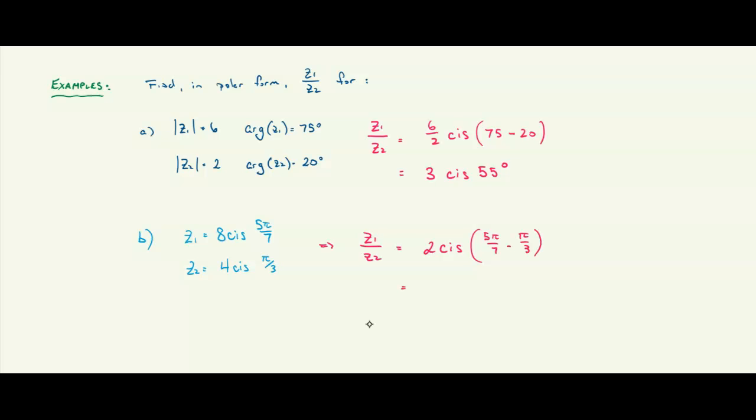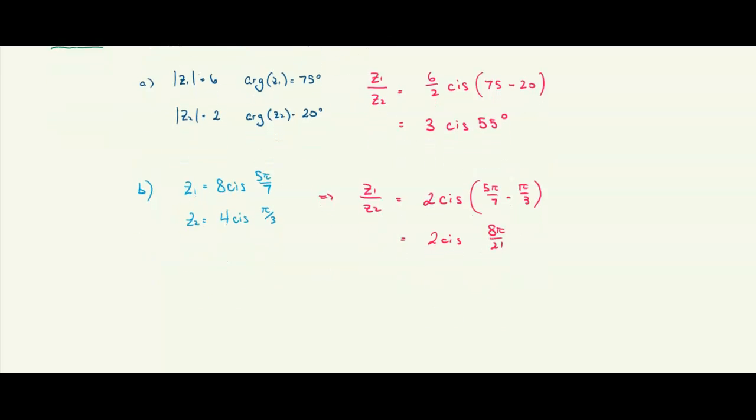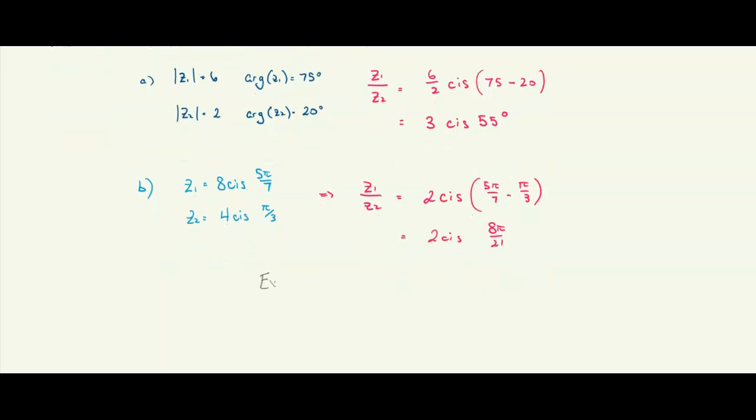So we just need to simplify that. It's 15 pi minus 7 pi, so that's 8 pi over 21. Okay, there's practice to be had in exercise 12D, and I imagine that we can do all those questions. See you soon.